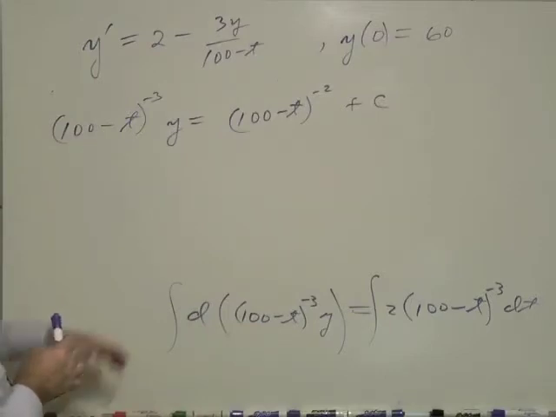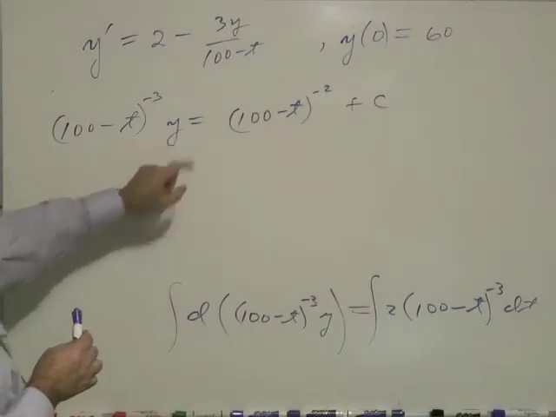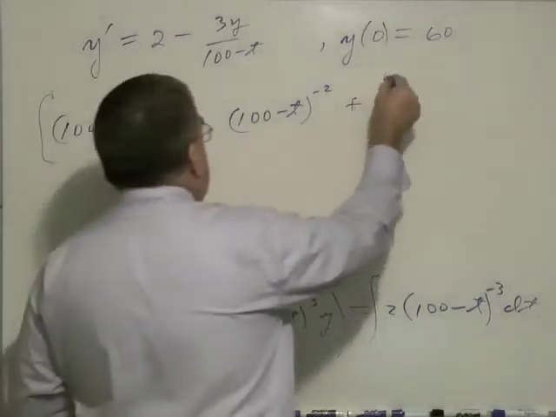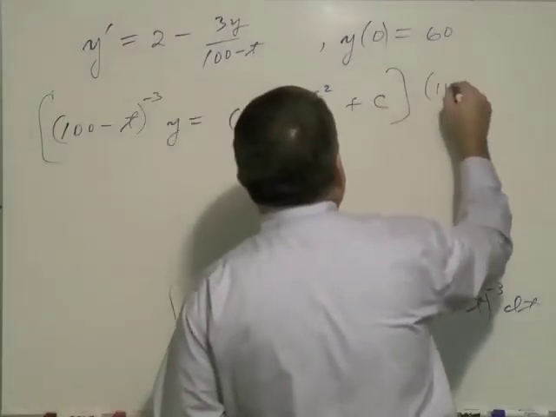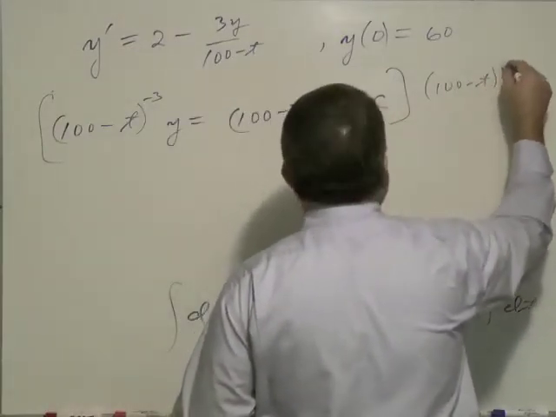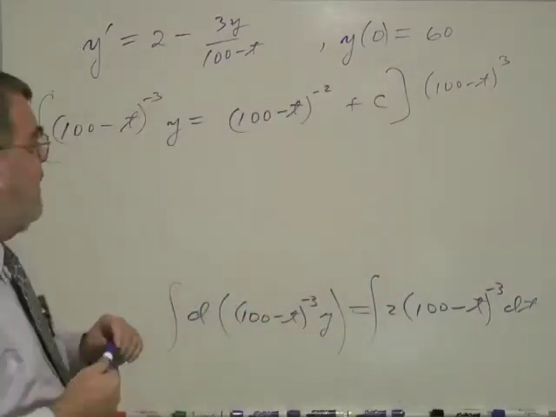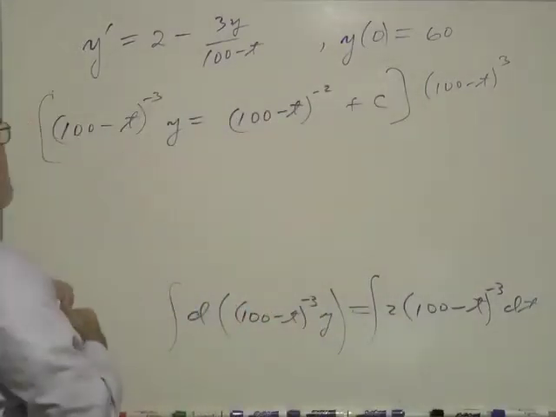And then I think it would be advantageous for us to solve for y. So I'm going to multiply all this stuff by 100 minus t raised to the positive third power. So that's going to clear out our negative exponents and also just leave with a y.